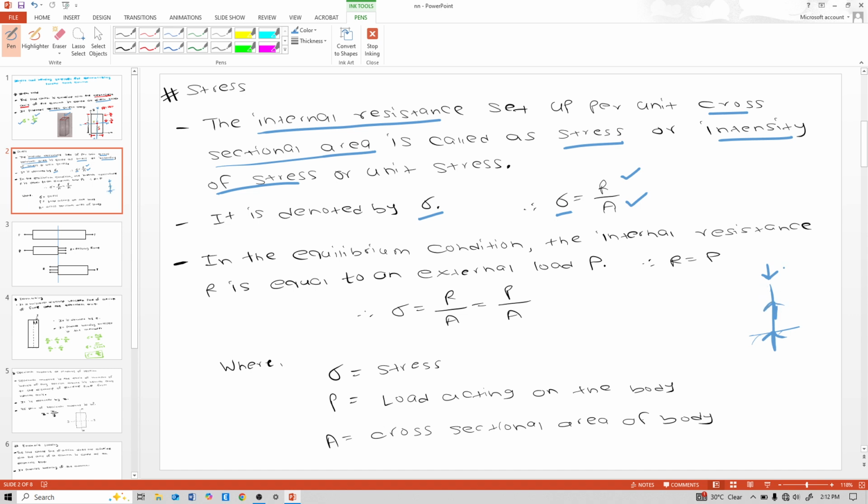That's why P is equal to R. So due to that reaction, in the equilibrium condition, the internal resistance R equals the external load. So sigma is equal to R by A is equal to P by A. Here sigma is stress, P is the load acting on the body, and A is the cross sectional area of the body.